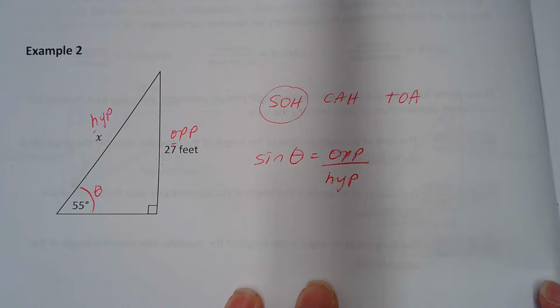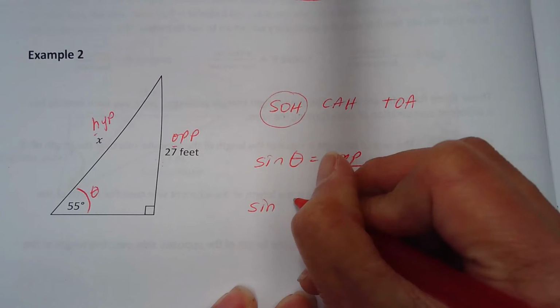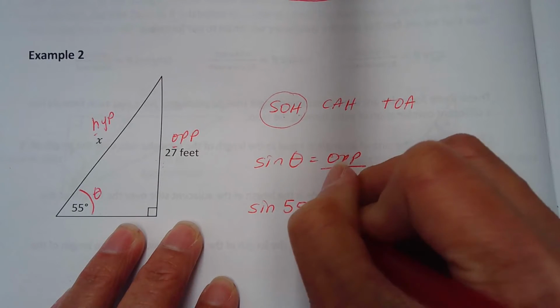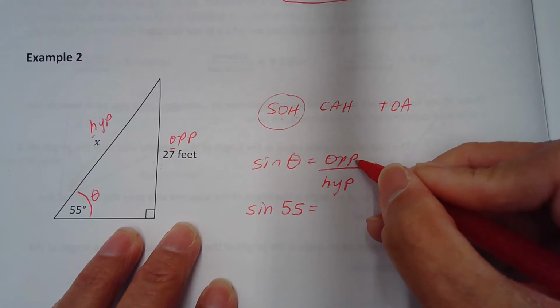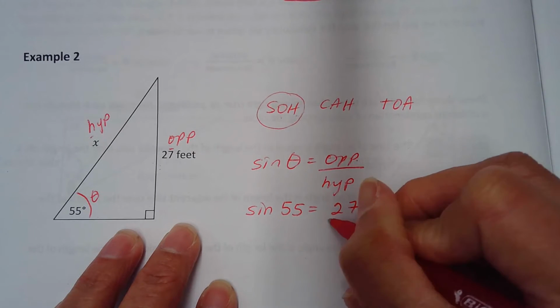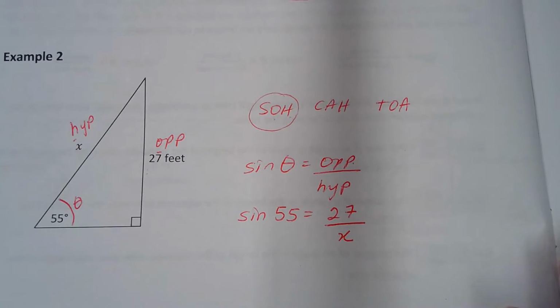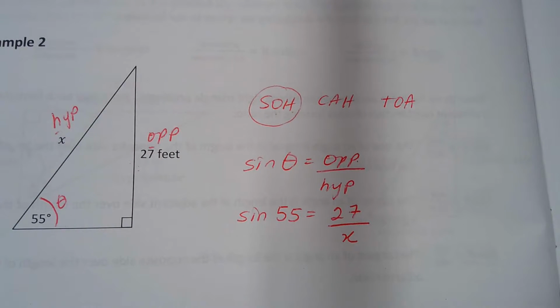The next thing is to substitute. Sine of what? 55 degrees. Opposite is 27, hypotenuse is x. So 27 divided by x. What are we going to do next?